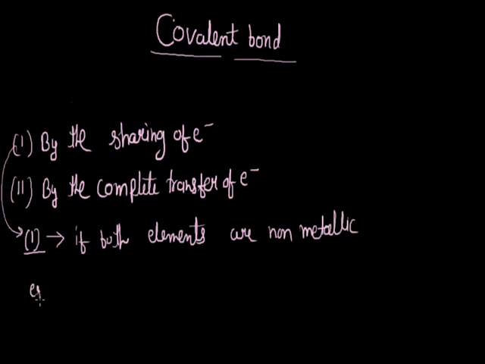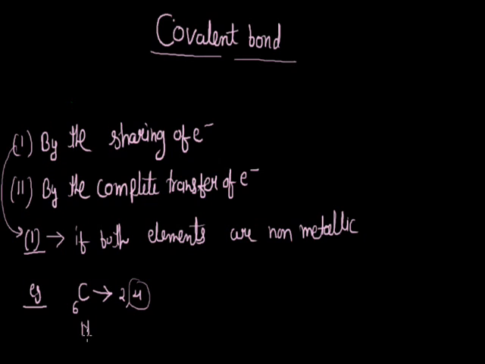For example, carbon: its atomic number is 6 and its electronic configuration is 2, 4. It means it contains 4 electrons in the last orbit. So no doubt it is a non-metal.